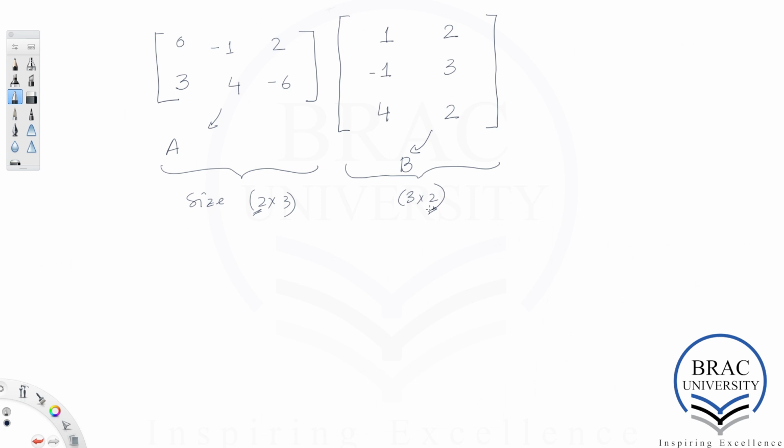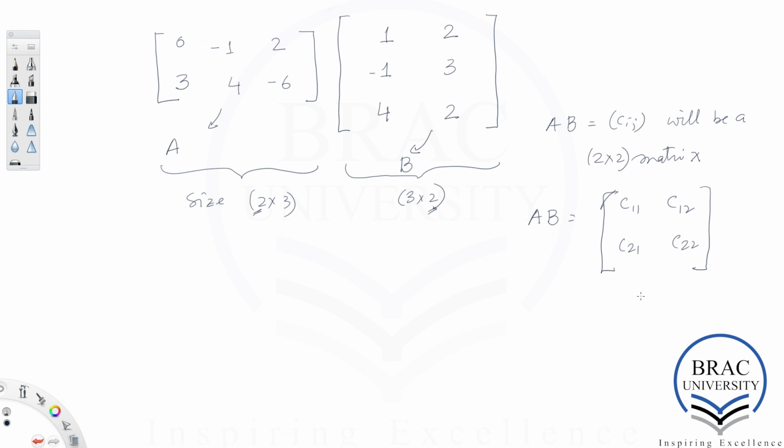Okay, so the resulting matrix, which we call A times B, or Cij, will be a 2 times 2 matrix, which follows from the discussion conducted earlier, and AB is just C11, C12, C21, C22.